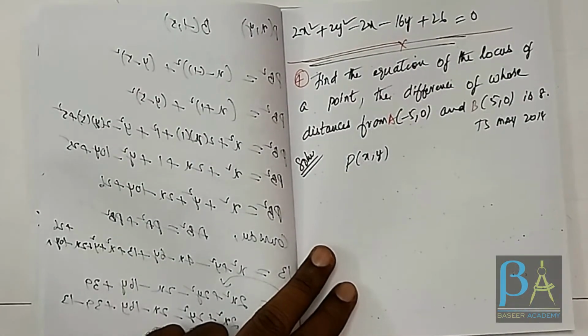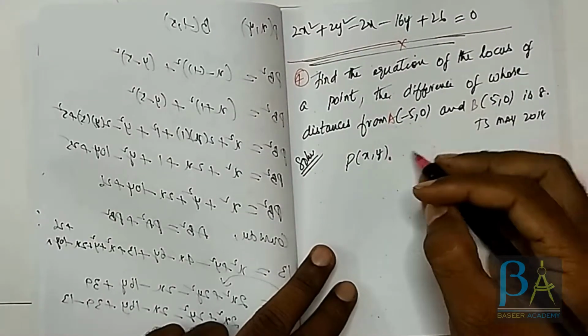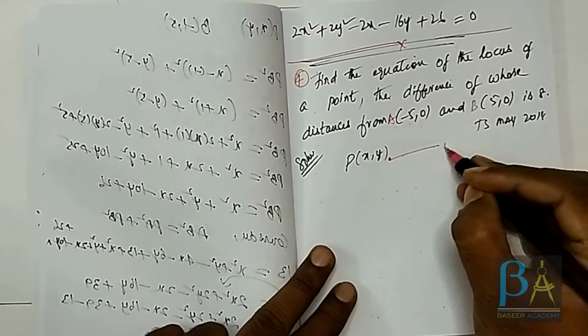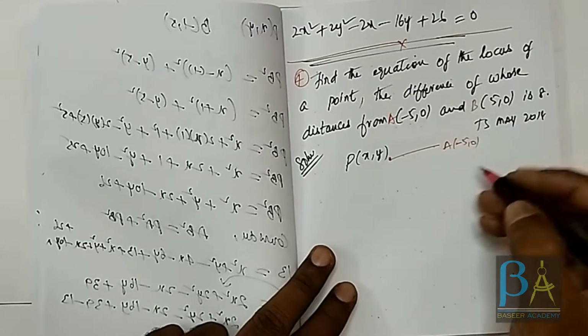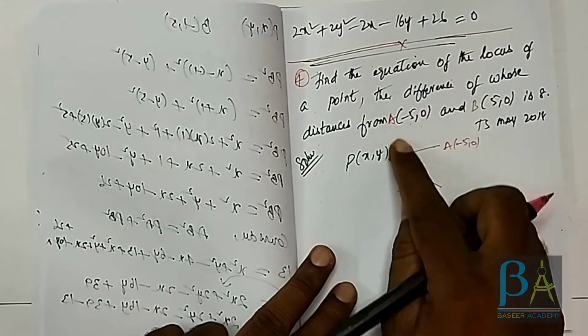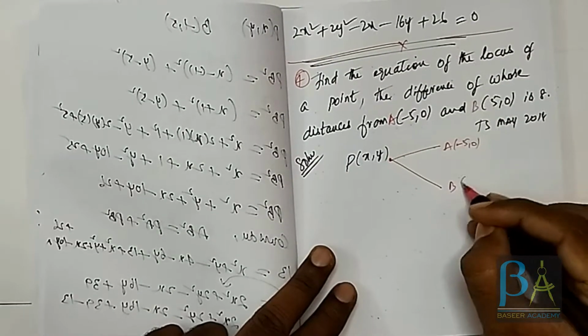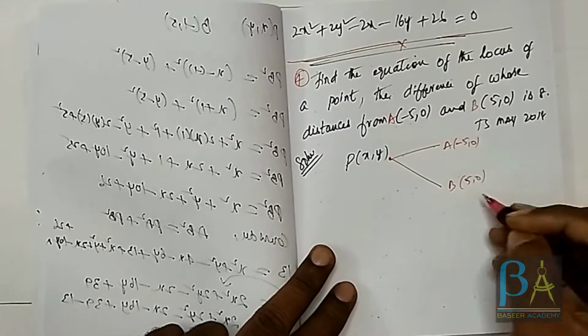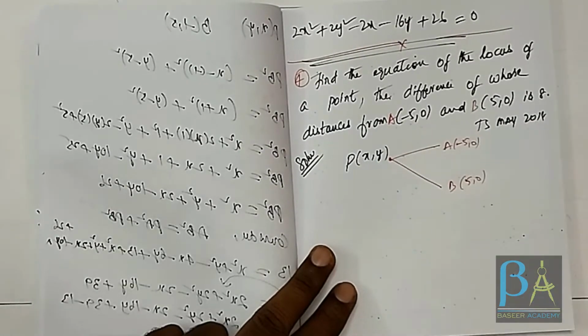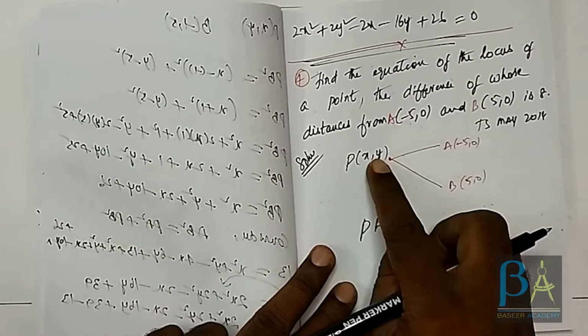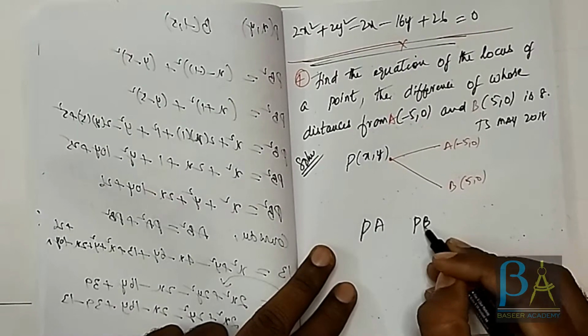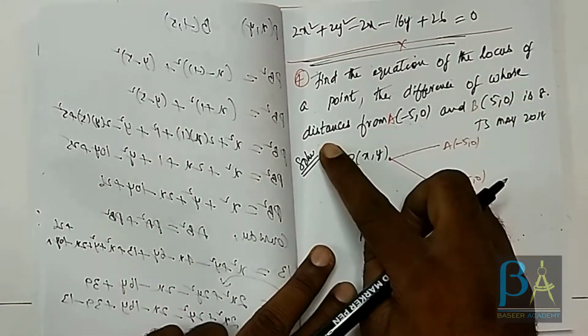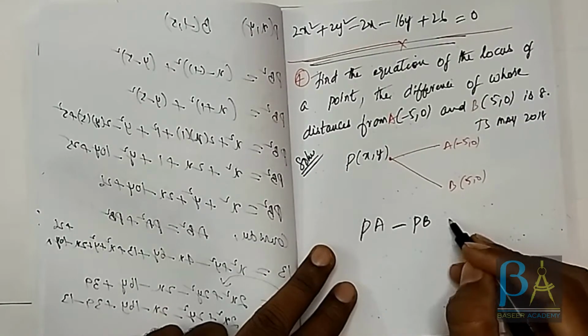Now it says the difference of the distance of this point from A, and then the distance of this point from B. The distance of this point from A is going to be PA, and the distance of this point from B, that is going to be PB. It says the difference of these distances is going to be 8.